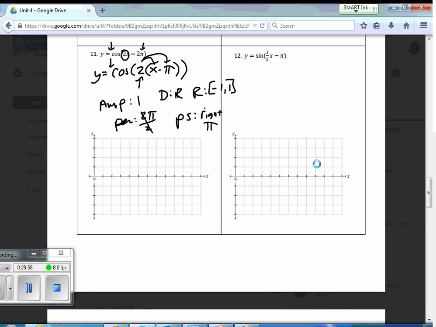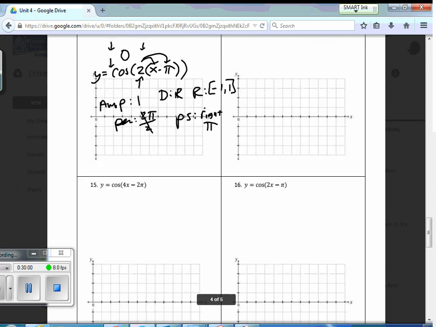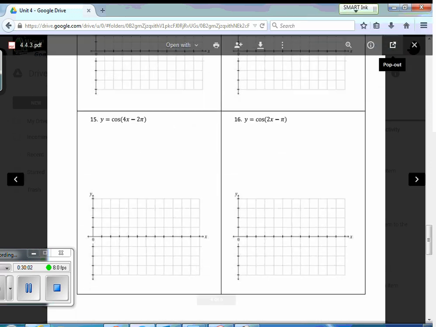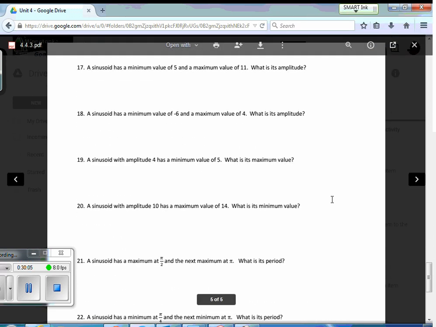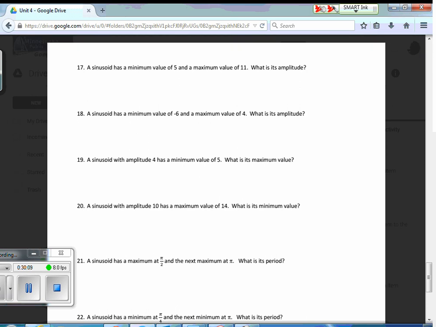spots. All right, now let's move to one of the problems at the end that's got that different style where it tells you the minimum and the maximum. Okay, and we're doing odds, right? So on number 17, a sinusoid basically just means it's a sine graph. Or it could be cosine because that's just sine being shifted. So really, in the end, any cosine can really be a sine.